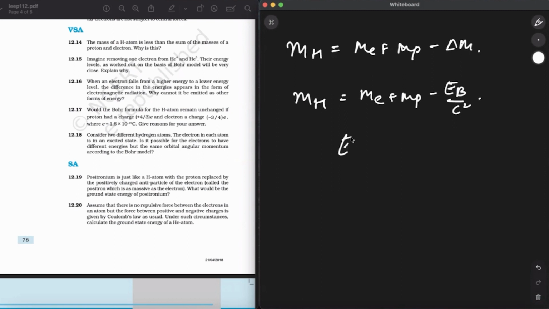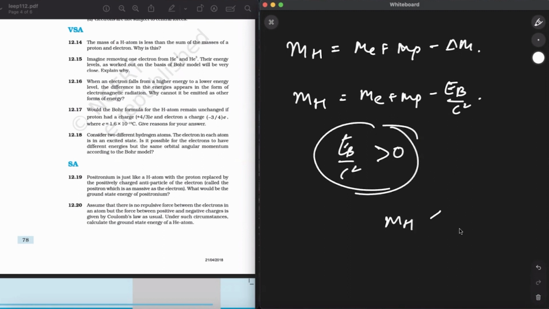So the quantity E binding upon c square will be greater than 0. Therefore, the mass of hydrogen will always be less than the mass of electron plus the mass of proton, as we have proved.